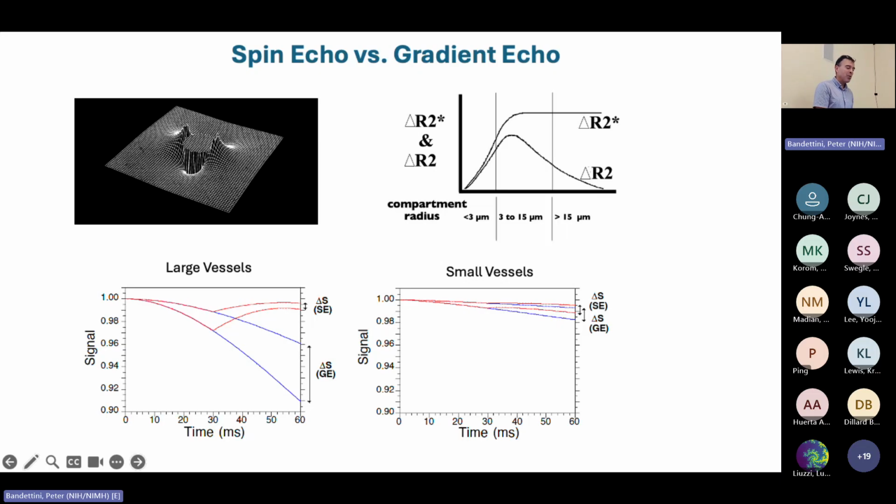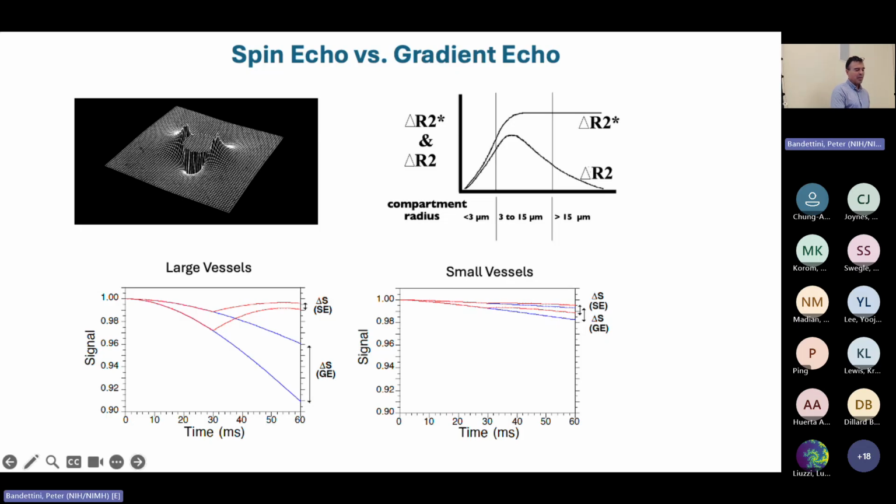But something else interesting happens when you get really small compartments, and that's the spins are diffusing so fast relative to the size of the compartment, they just kind of fly right by it, and they just average up everything. So it's as if they're all sampling the same field again. So their phase isn't lost. All this is to bring out the point that gradient echo is more sensitive to vessels of all sizes, and spin echo is sensitive to vessels that are on the order of capillary size to small vessel size.